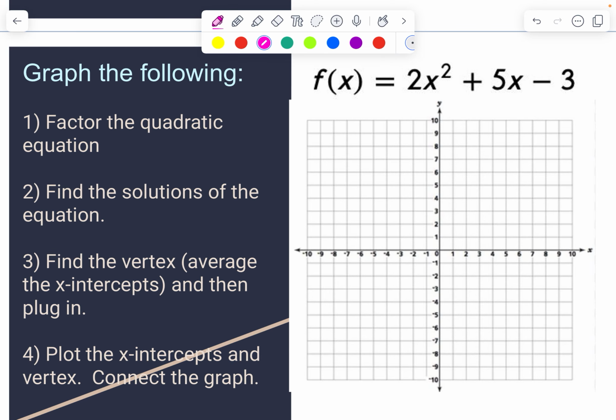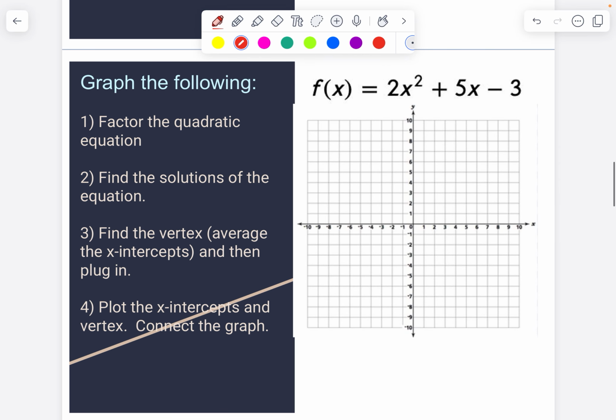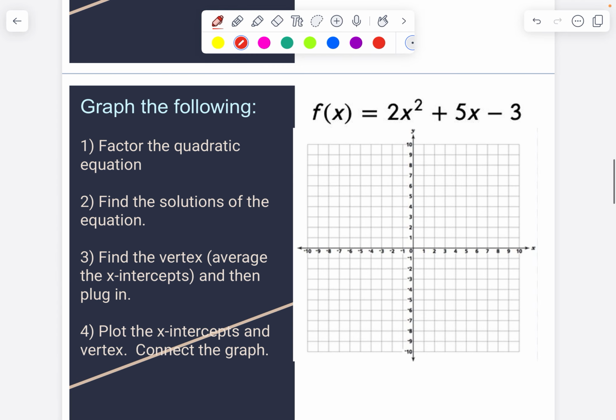All right, this one, 2x squared plus 5x minus 3. To solve this one, we need to use the x and the box method. So a is 2, b is 5, c is negative 3, which means a times c is negative 6.